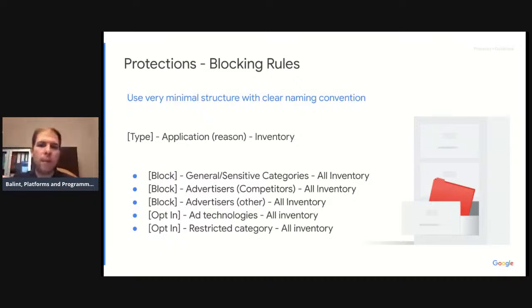So is it for general categories or advertisers? Or is it for ad technologies? And then the inventory, what inventory this is applicable to. If you have these, then you have a really good way of setting up your blocking or protection, and you are able to see very clearly what's included in which of these blocks.